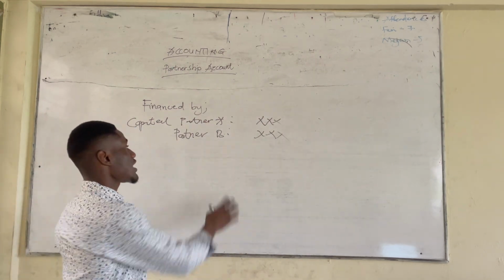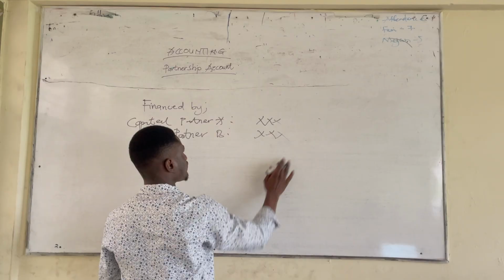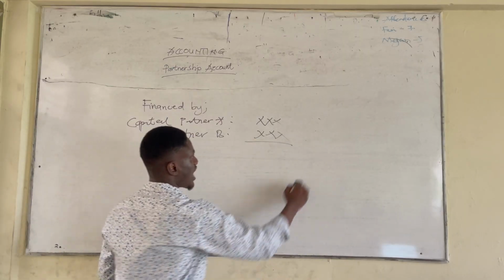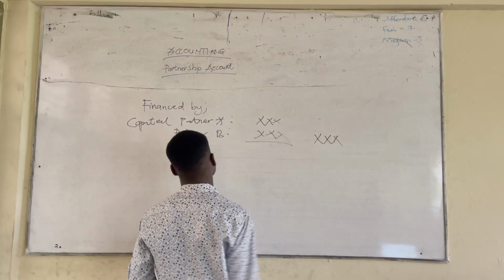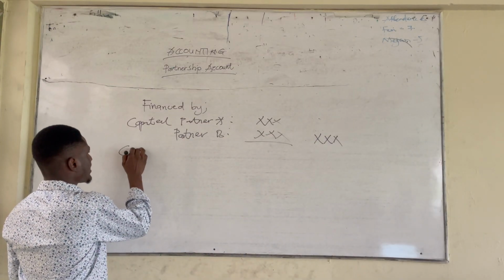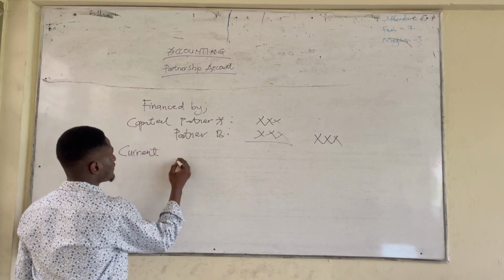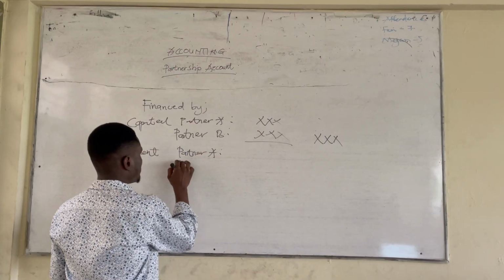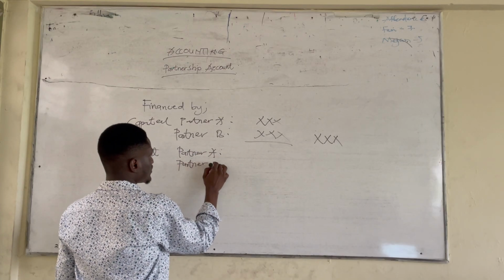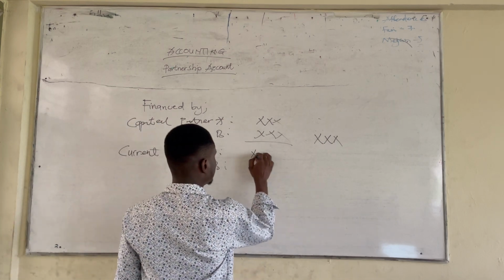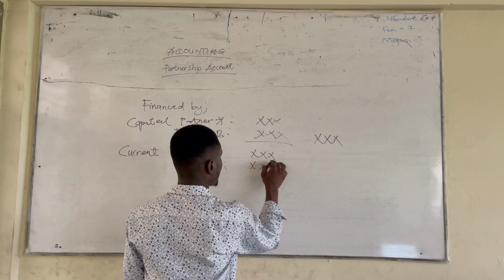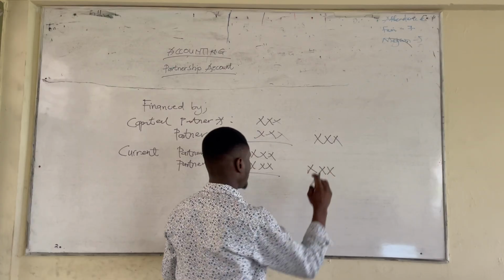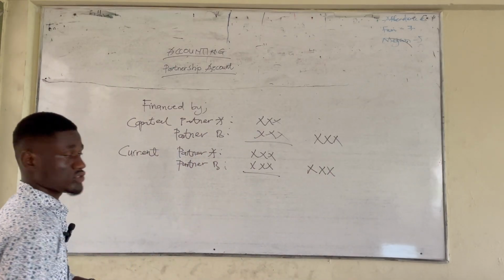It can be three, it can be four. Do you get it? So let's say we have two partners forming the business. So after getting this, we have our capital account, our capital amount here. Then the balance we got for the current account, partner A, partner B. So we bring partner A's amount here, partner B's amount here. Then we write the amount here. Good. Do you get it?